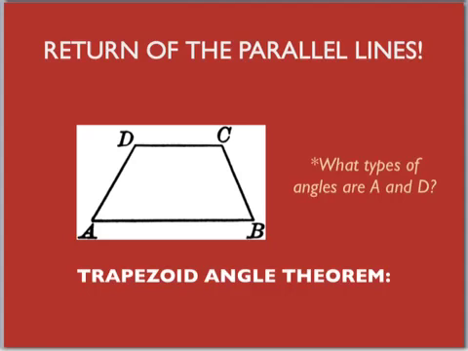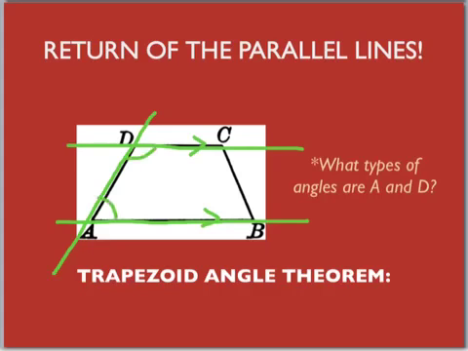So take a look at this picture. You've got parallel lines here and here. And if I extend this DA, this picture should be looking familiar, because as always, those are parallel. And I want to know what types of angles are angle A and angle D. Think about that for a minute.